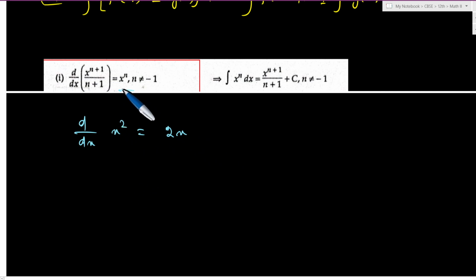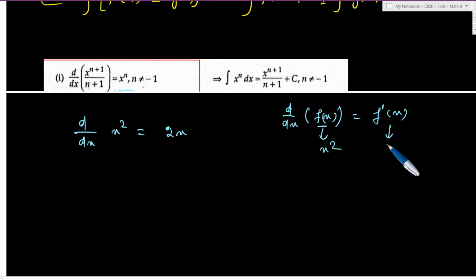I told you that d by dx of f of x is equal to f dash x. If d by dx of f of x is equal to f dash x, that means here f of x in this case is x square, and f dash x is equal to 2x.